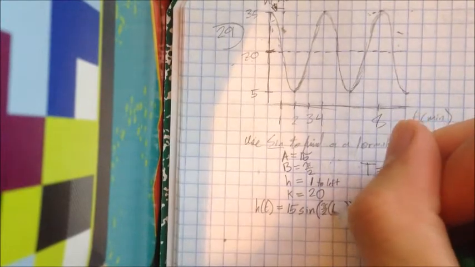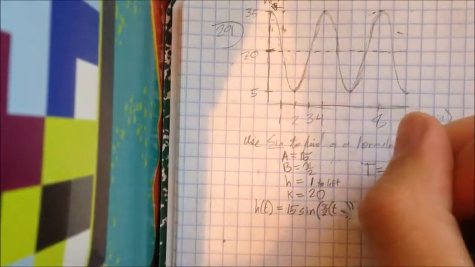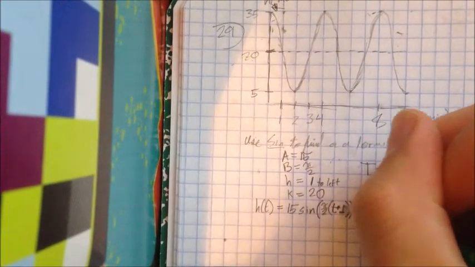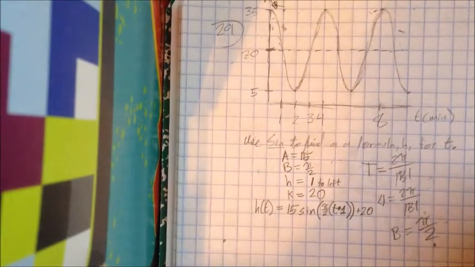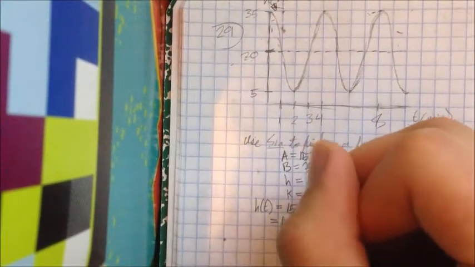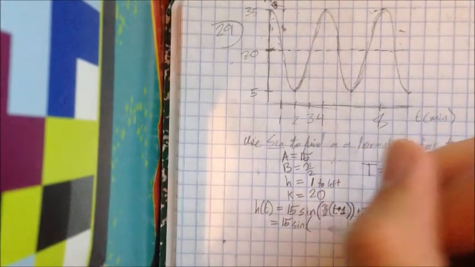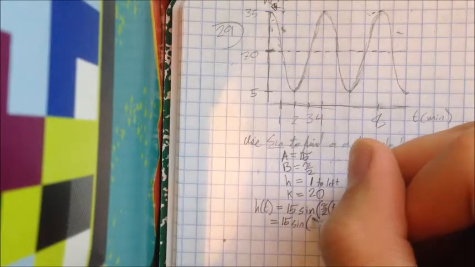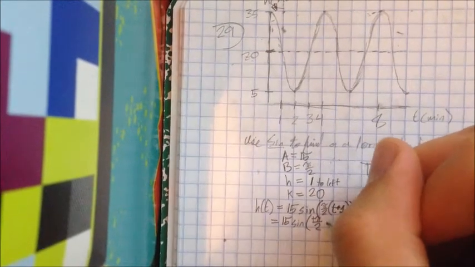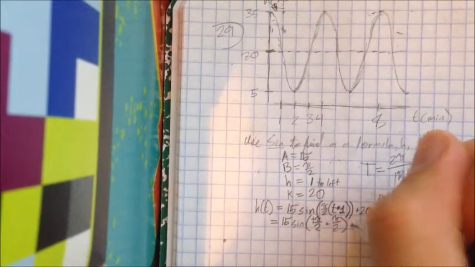And we can put t in here. And we know that we are going left 1 unit, so we're going to add 1. And so we can go ahead and multiply this out. This is t pi divided by 2 plus pi divided by 2 plus 20.